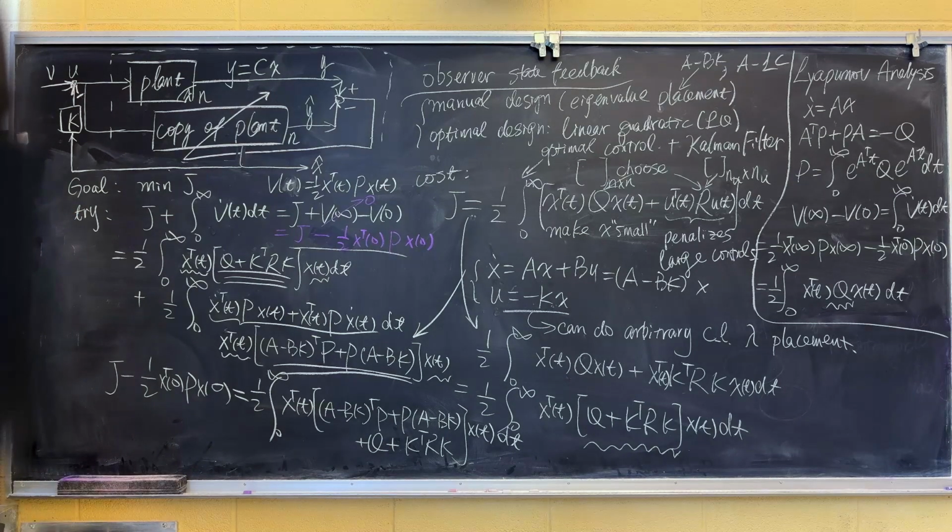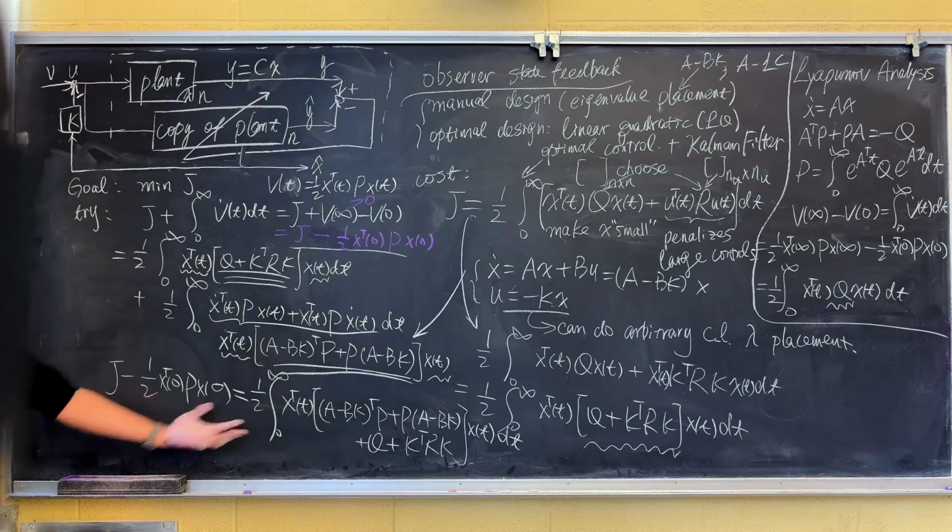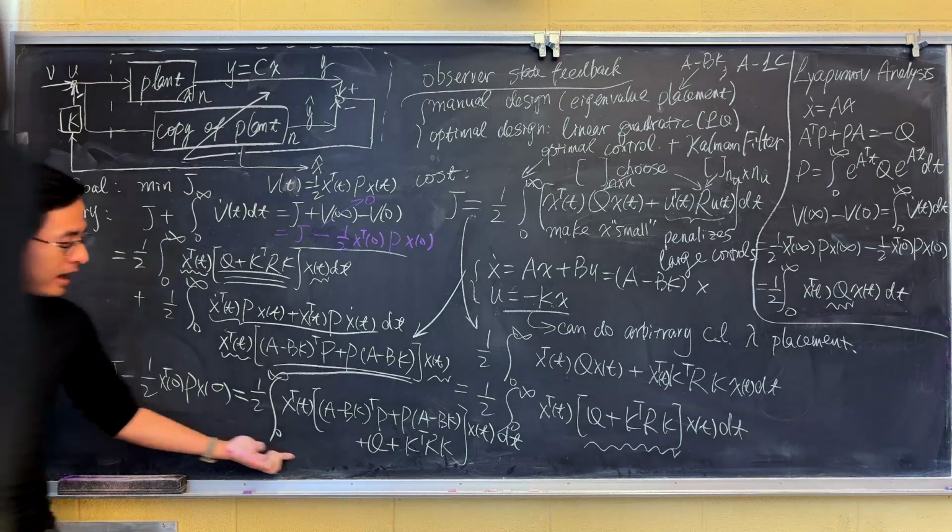Can you guys take a look at this and tell me what is the minimum possible value for J? J is the cost we want to minimize. Now what we know is if you shift this term to the right-hand side, J equals this thing plus this thing.